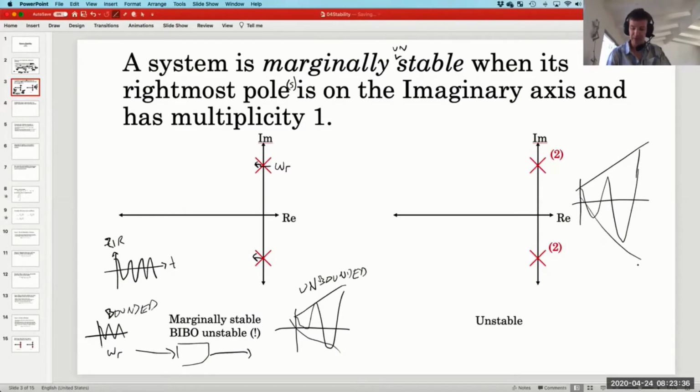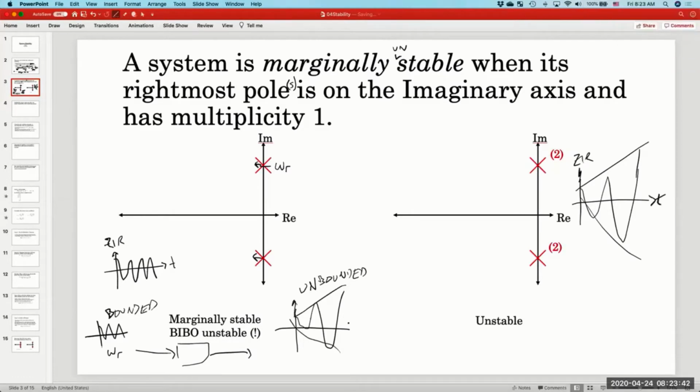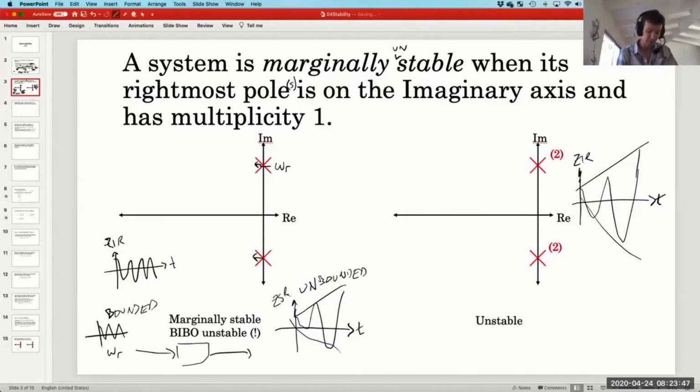Okay, so this is again the ZIR versus time. And just to complete the picture here, this was the ZSR when the input was that resonant sinusoid. So this is all kinds of unstable. It's both internally unstable and externally unstable.